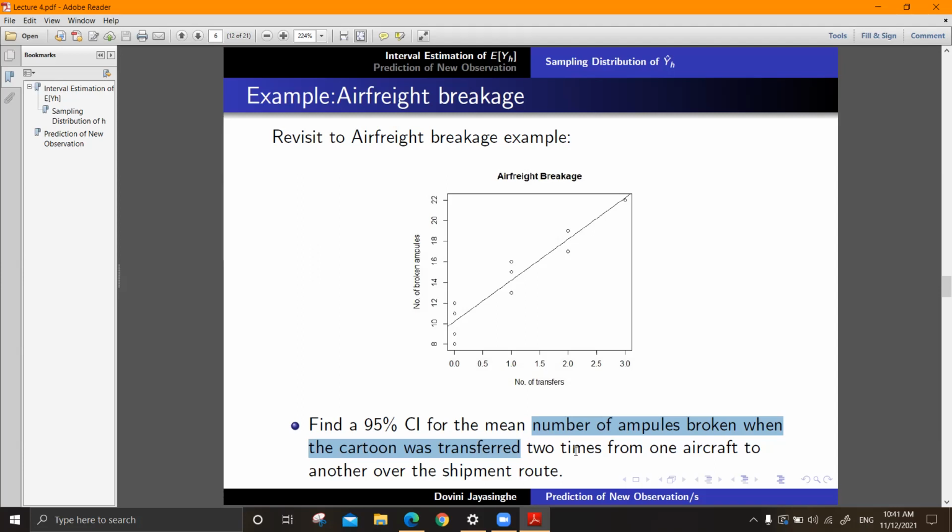So it is transferred from one flight to another. That is one time, right? Then India to Sri Lanka. The target was from America to Sri Lanka. It is going all over the world and coming to Sri Lanka. It can be a direct flight, or it might not be.